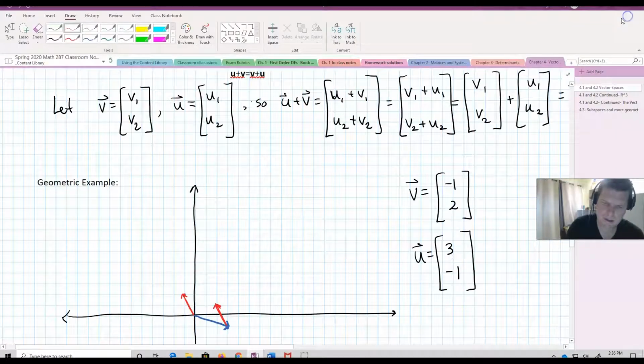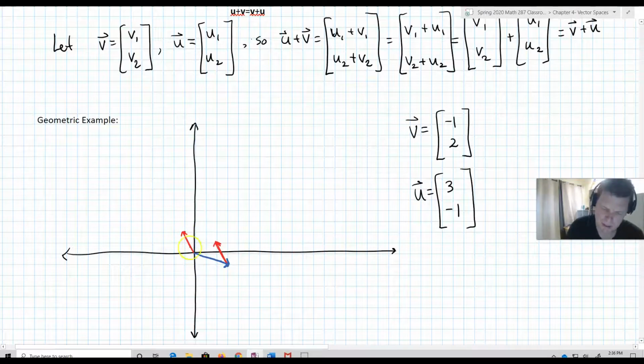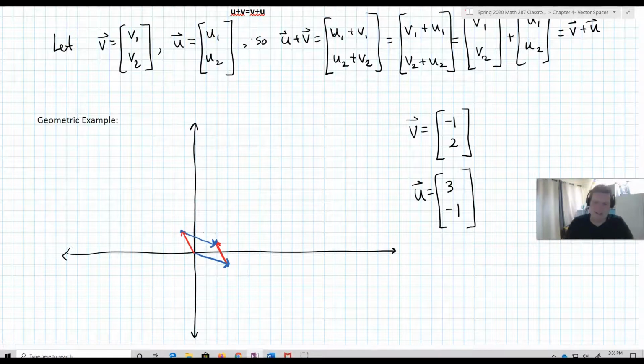On the other hand, v plus u, the other direction, is going to start up here at the end of v, and then we'll go over 3, 1, 2, 3, and we'll go down 1. And there you go. That's some commutativity. We end up at the same place no matter which way we go.